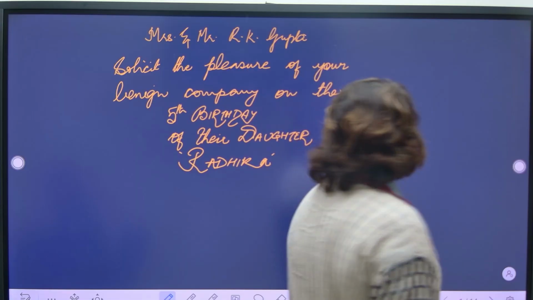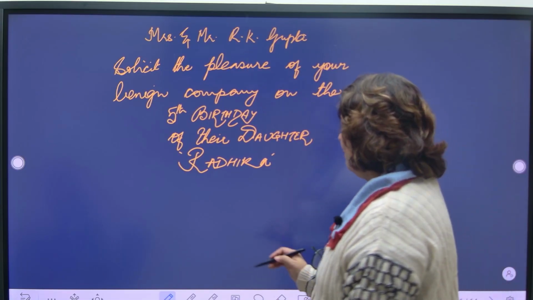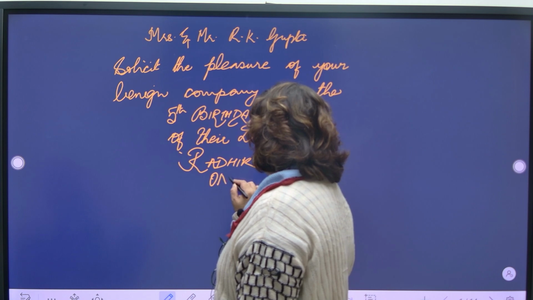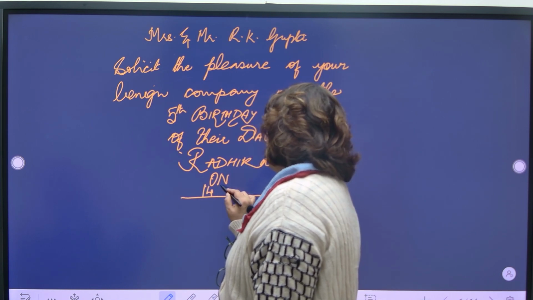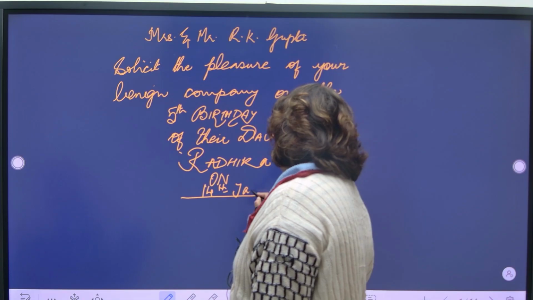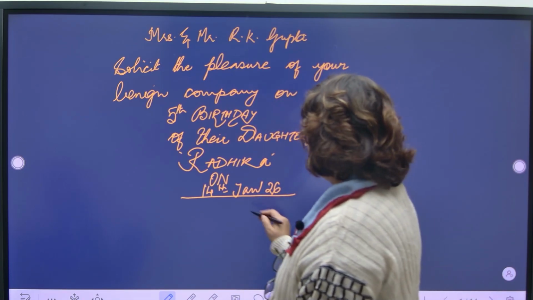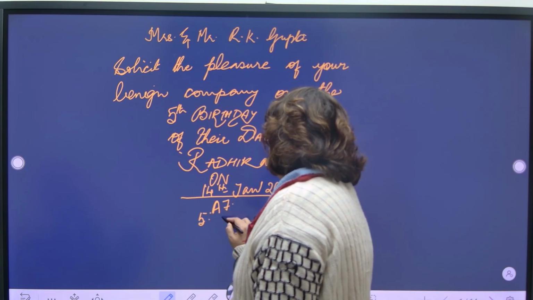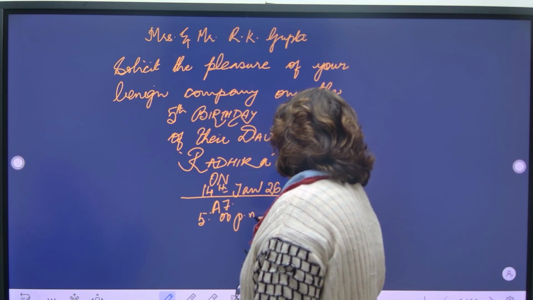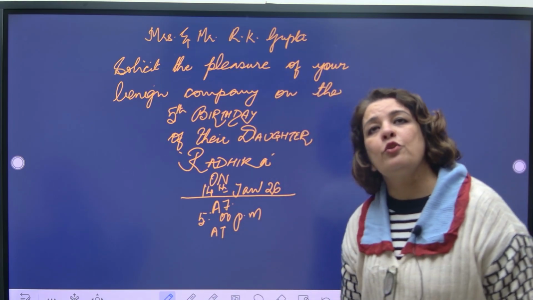Okay, then don't write the surname. Most of the students have a habit of writing surname, Radhika Gupta. Just write the name. Okay, and when is the birthday? On, you can say 14th January 2026. Okay, at 5 p.m. at their residence.